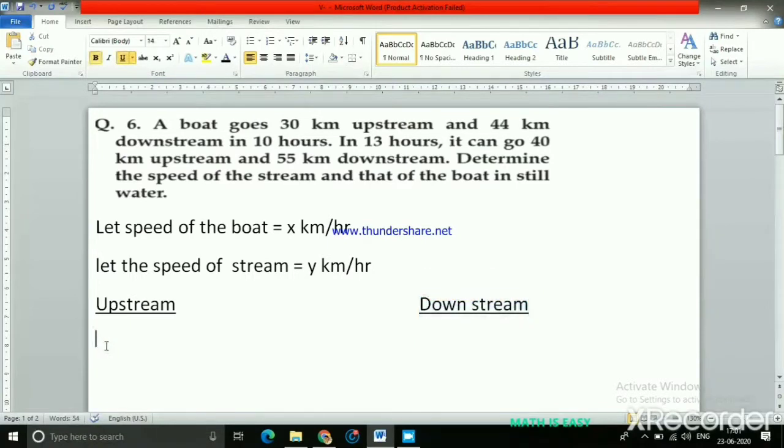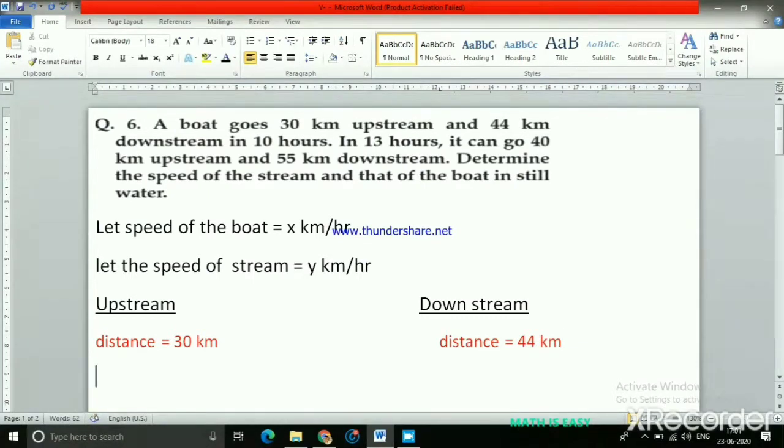In upstream, what is given to us? A boat goes 30 kilometers upstream, so the distance is given: distance equals 30 kilometers. Next, what is given? 44 kilometers downstream in 10 hours. So the distance in the downstream is also given: 44 kilometers.